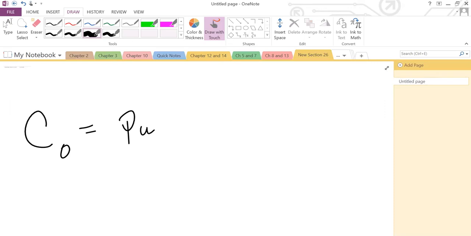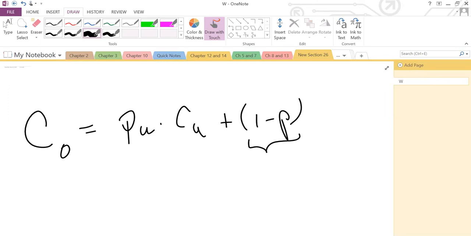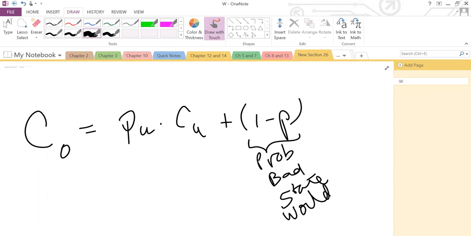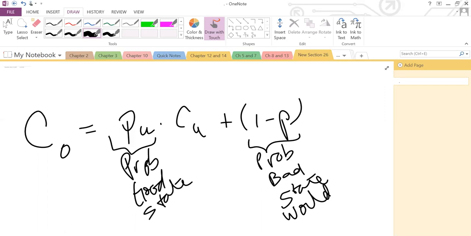So if stock moves up, then the call price also moves up, multiplied by the call price in that good state of the world where the stock moved up, plus 1 minus P. So that's basically the probability of the bad state of the world, right? And then this right here is the probability of the good state of the world.